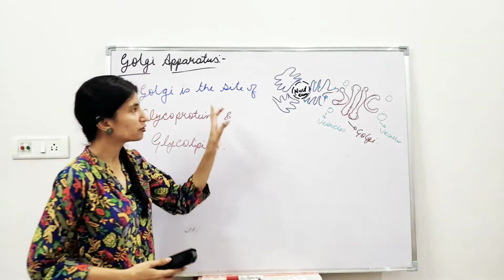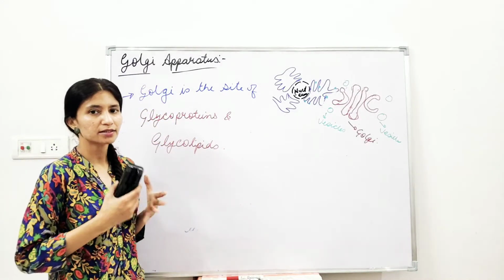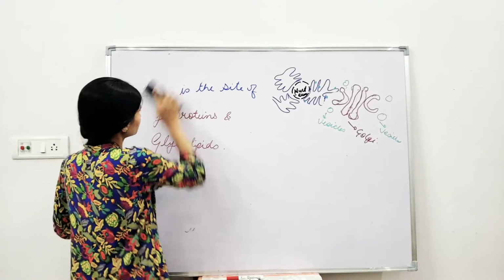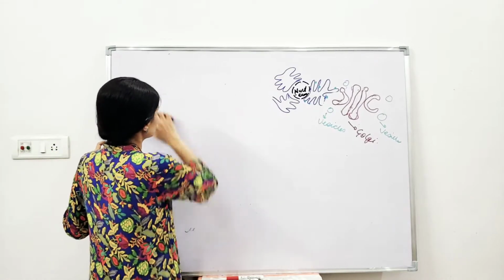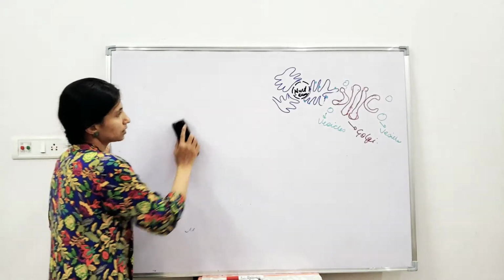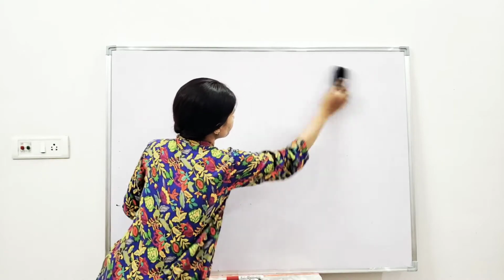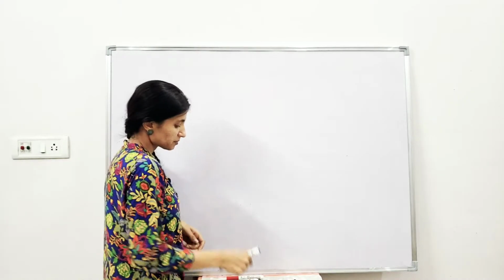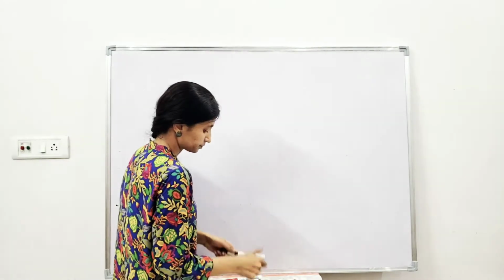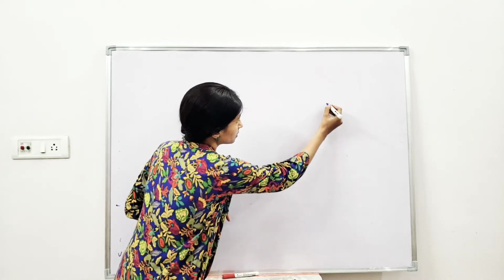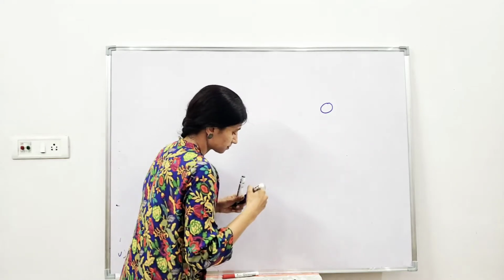Okay, now we'll move ahead to the third one, that is the lysosomes. So we'll quickly look at the lysosome of the cell. Okay, I just rub this diagram out. If I make a diagram of the lysosome, this is the inside portion of the lysosome.